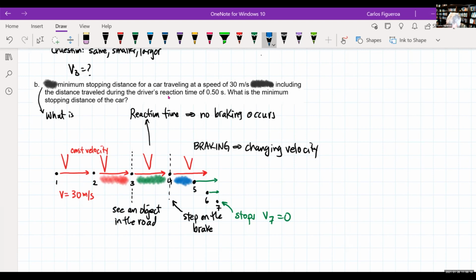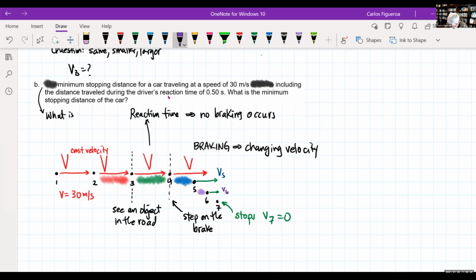Mhm. So let's say this is V5. Then let's look at the previous interval. This interval here is smaller, so I should have a smaller velocity here.